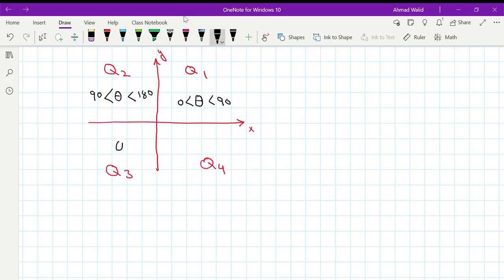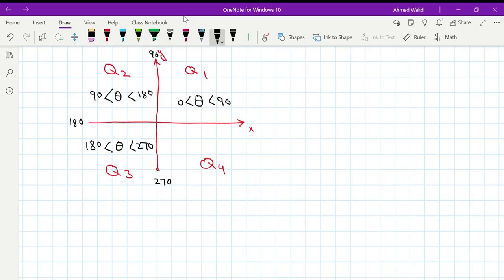In quadrant 3, your theta, you see, if this here is 90, and here is 180, what is this point? This point is actually 270, right? Because you are adding 90, 90, 90, 90, correct? Then here theta will be greater than 180 and less than 270.